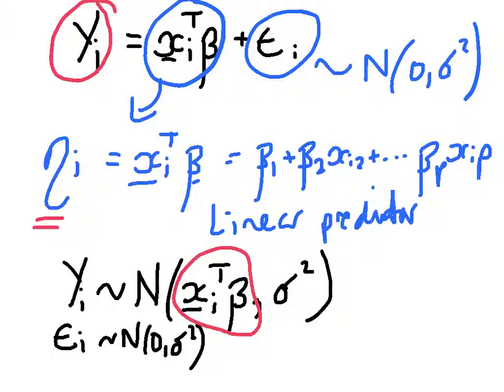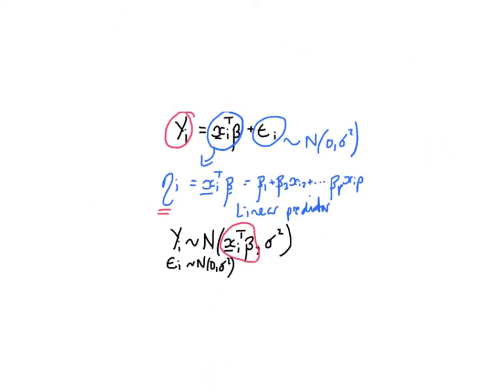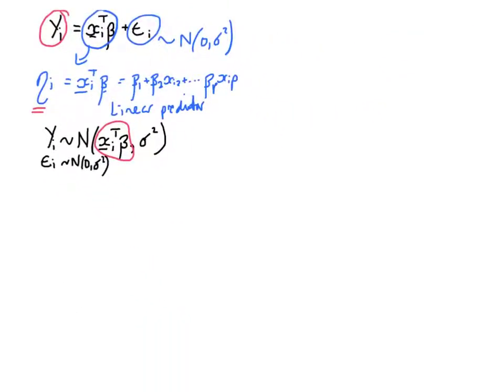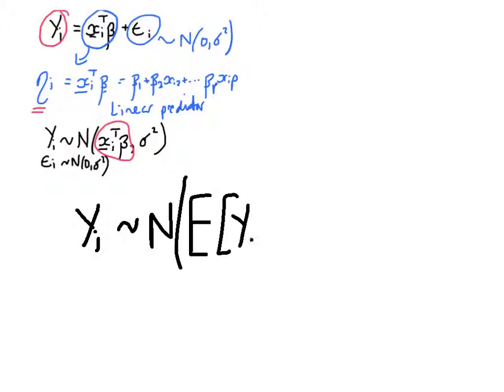Now, a very small point of detail that we don't need to worry about at the moment, but we will think about later. What we're saying is that y is normally distributed with a mean given by the expectation of y and the variance given by sigma squared.